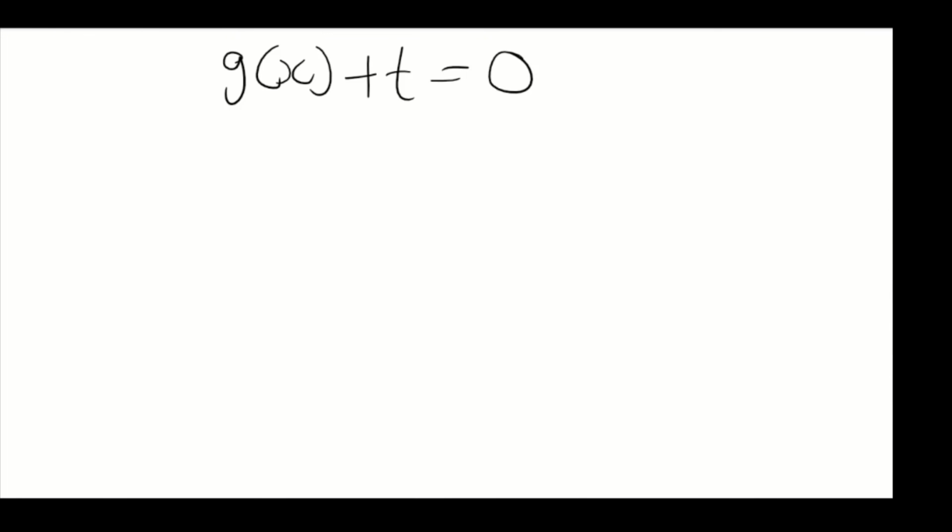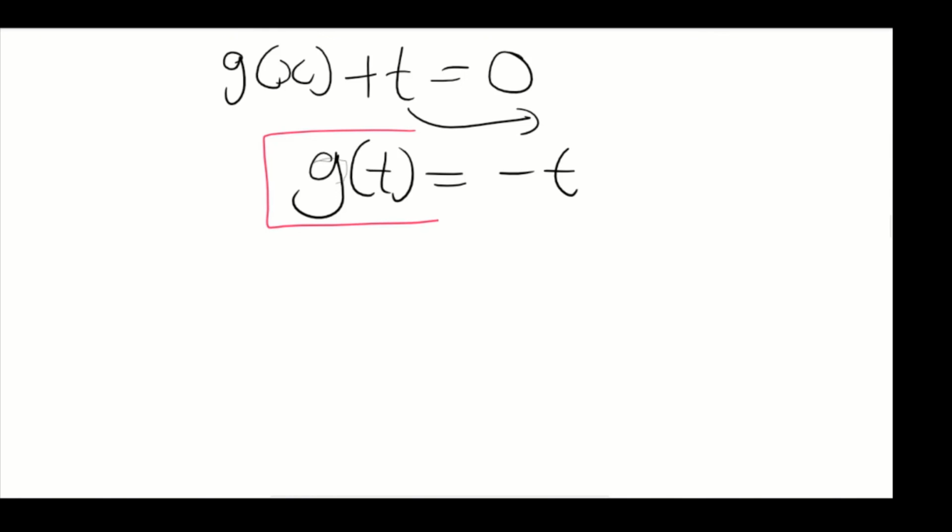But we need to note that, okay, fine, if you transpose this t to the other side, you have g of t being equal to minus t. So whatever value of t you have, it will be negative in terms of t, right? So remember that g of t is actually a y-intercept, right?